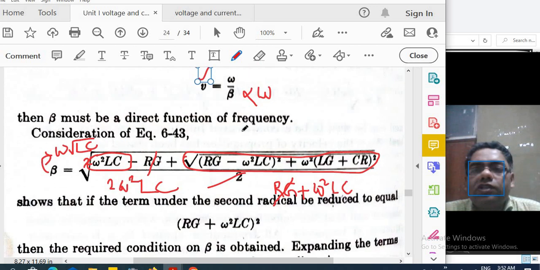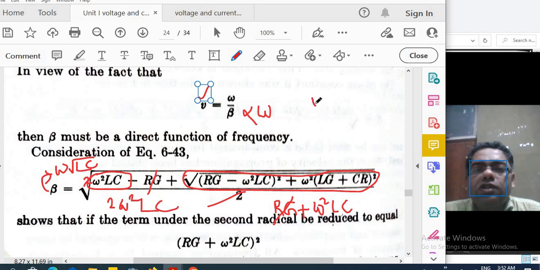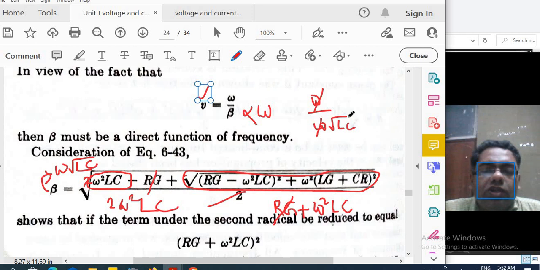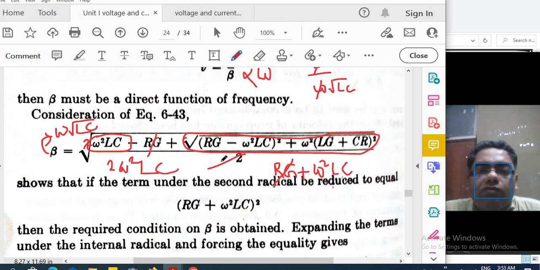Now velocity is omega by beta, and beta is omega root lc, so omega will cancel and velocity will become independent of frequency. In this way delay distortion can be avoided. So what we are doing is writing the term inside the square root as rg plus omega square lc, or if I square it, the term inside the square root.